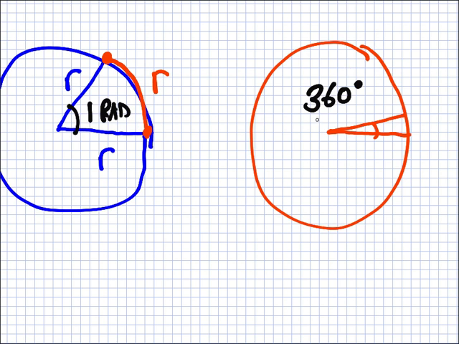The reason for 360 is because there are many numbers that divide into 360. So if you want to break it up in half, that's 180. A quarter, that's 90. Eighths, that's 45. You can have 30, you can have 60. That's why 360 is used. It's easy to break it up.